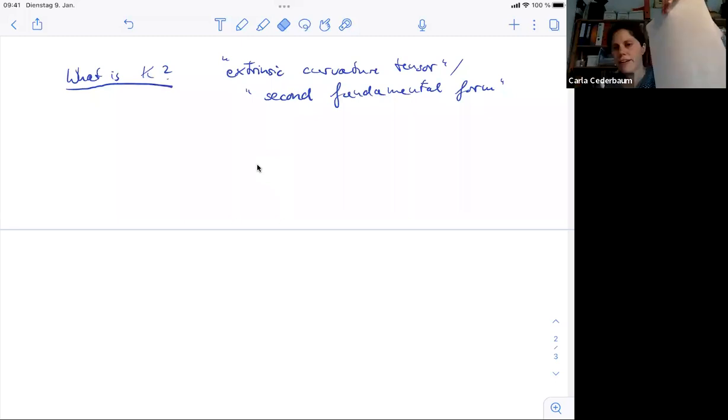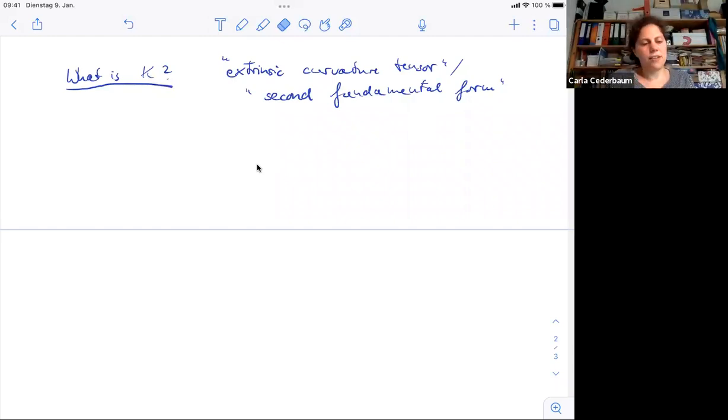In contrast, if I have a flat sheet of paper, which is both intrinsically and extrinsically flat in Euclidean space, then the normal just wanders around in a parallel fashion if I wander around with the tip on my hypersurface paper. On the other hand, if I roll this to a cylinder and I look again at the normal, then it doesn't parallel translate. It actually rotates around the cylinder. So that's this extrinsic curvature, just in an intuitive way.